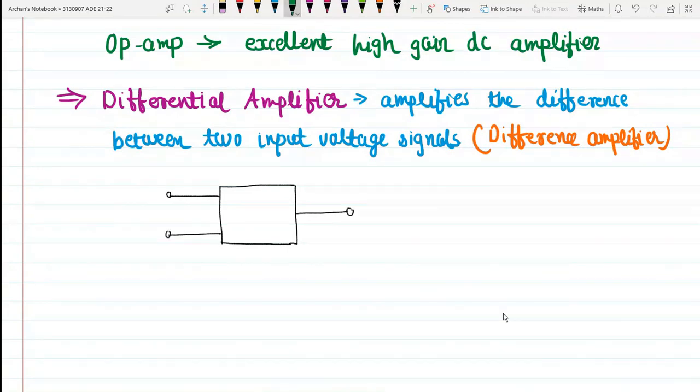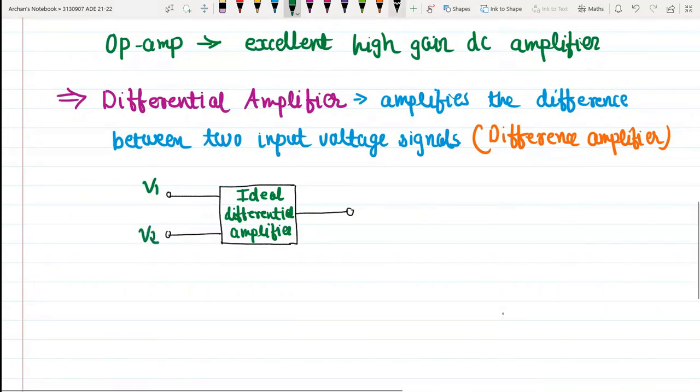So this circuit is our ideal differential amplifier. Let us say I am giving some input V1 to terminal 1 and input V2 to terminal 2. This is a grounded terminal, this is also a grounded terminal, and here also we have a grounded terminal, where I am going to measure some output V0.